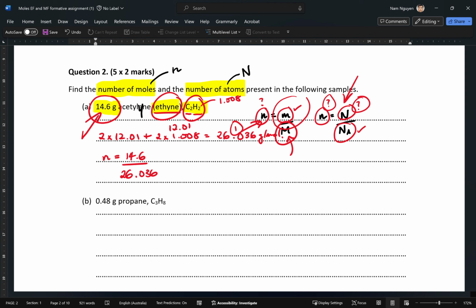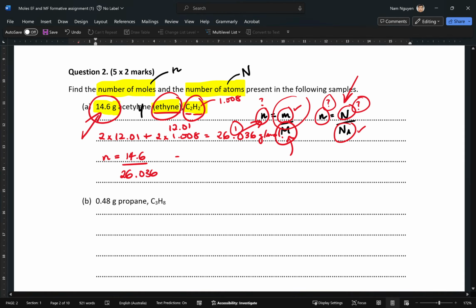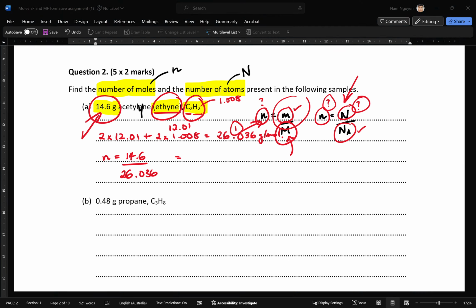That is equal to 14.6 divided by 26.036. That is equal to, oh come on calculator, where'd you go? 0.5607620, and we're going to do that to 3 significant figures.